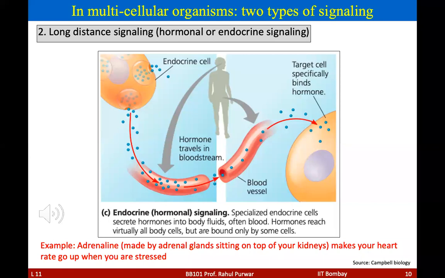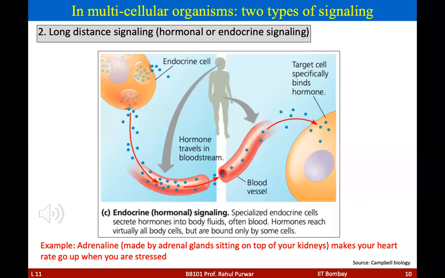So for example, the thyroid gland and other hormone secreting glands are at one site and they store the hormones in their vesicles. They release these hormones, and these hormones then go via the bloodstream to the entire body. And the target cells can be far away from the endocrine cell.